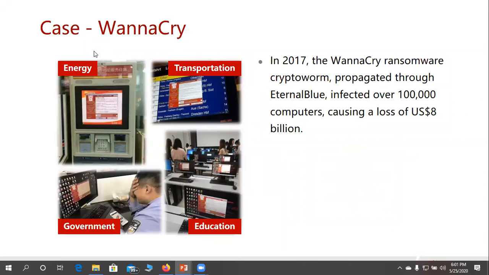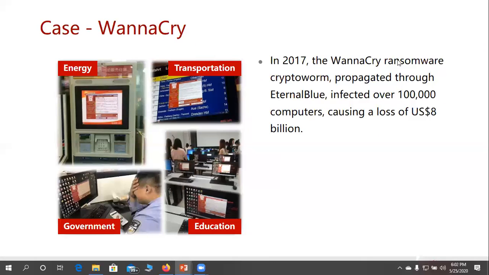Okay, so we're going to look at two cases which happened not long time ago, which has to do with information security. There was the WannaCry ransomware in 2017, okay?